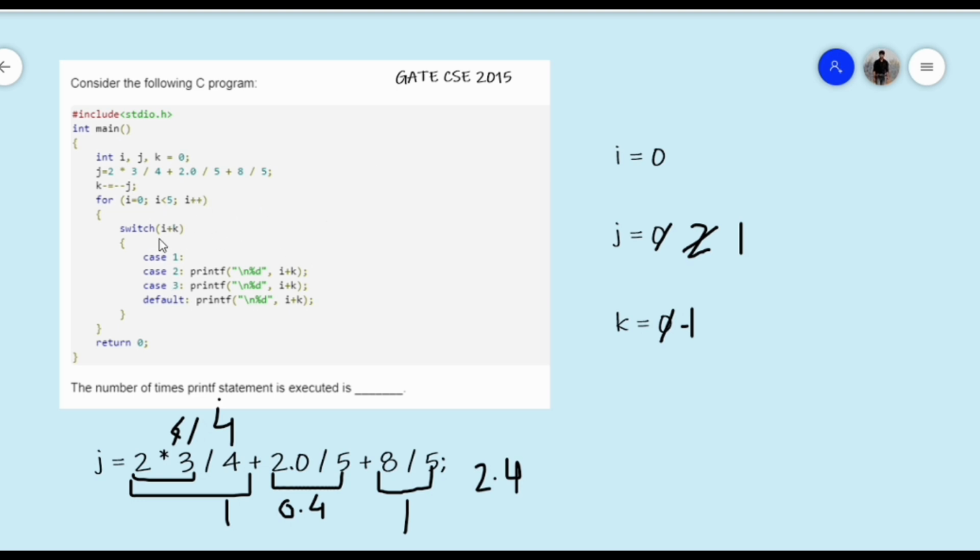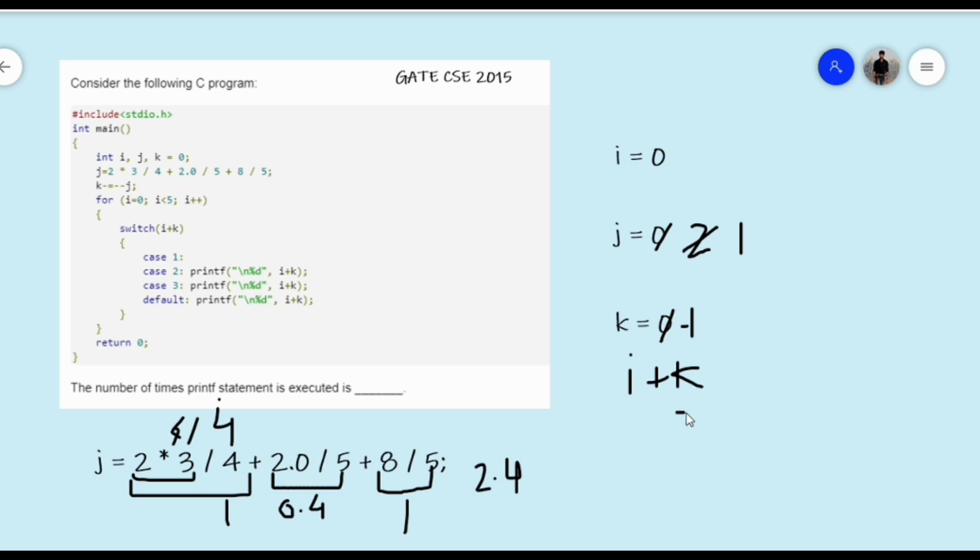For the switch case, they have given i plus k, and here what is the k value?